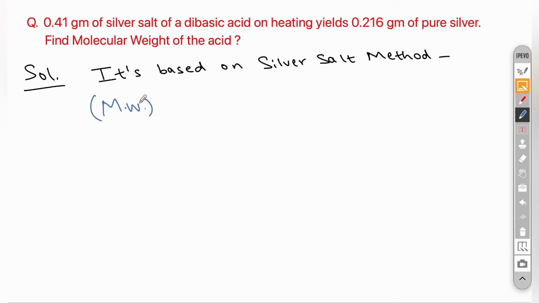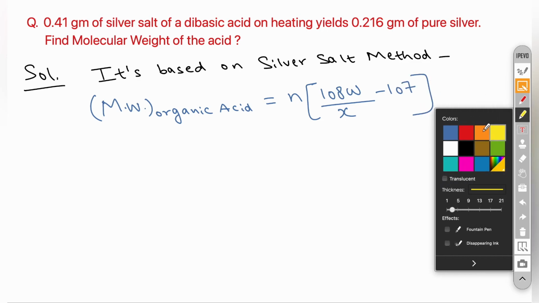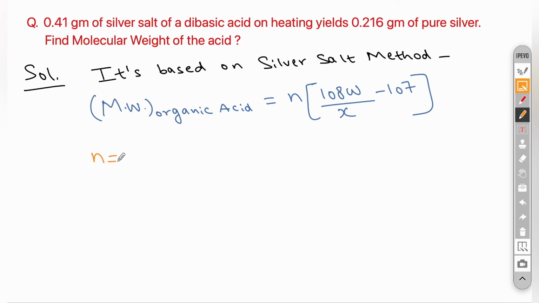We will write the formula for the molecular weight of the organic acid, which we wrote on the last page: n times (108W divided by X minus 107). Now we will put the values. Since it's dibasic, n is 2. W stands for the weight of silver salt, 0.41 gram, and X stands for the weight of pure silver, 0.216 gram.